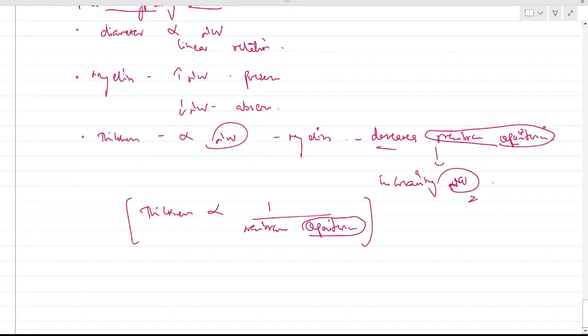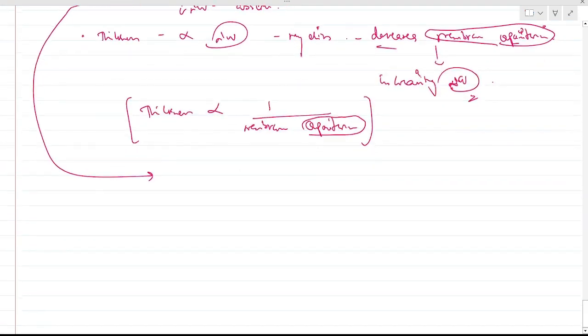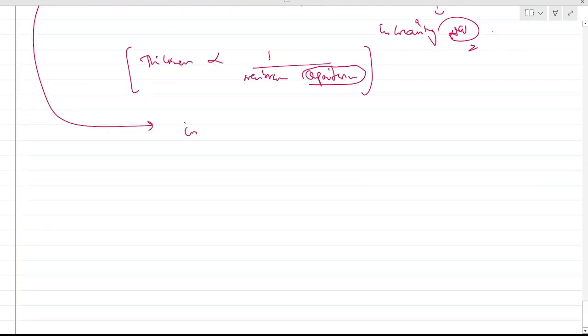Here is another discussion: how the presence of myelin increases the nerve conduction velocity. Due to presence of myelin, there is increased thickness. This increased thickness will lead to axonal resistance.